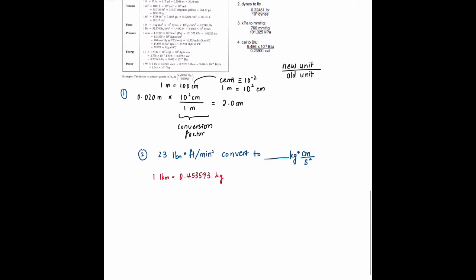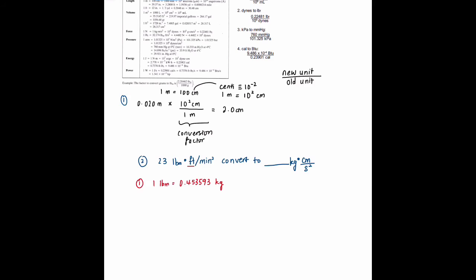Okay, so now if I look at this, I can use these values, which are given as 1 pound mass equals 0.453593 kg, and so I have my first conversion factor. Another conversion factor I would require is for my length.